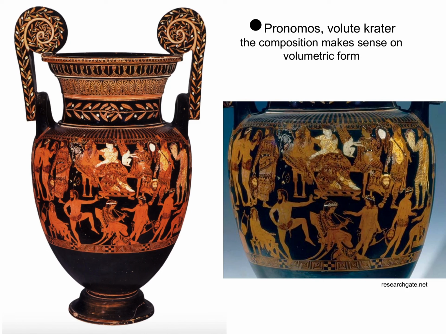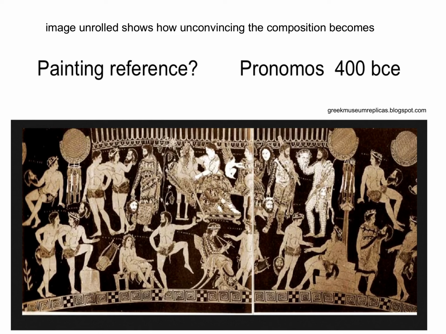And my argument is that the composition on those objects only makes sense on volumetric form, that on the form itself, the composition is very credible and it makes sense despite its shortcoming and its quirkiness sometimes. Well, when you unroll the image and make it into a two-dimensional, more or less painting reference, the composition becomes really awkward and very unconvincing.